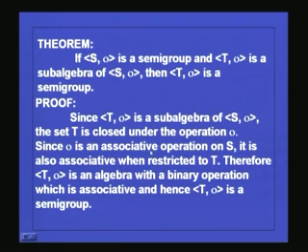Since dot is an associative operation on S, it is also associative when restricted to T. The associative property is not altered whether you consider S or a subset T. Therefore, T dot is an algebra with the binary operation dot, which is associative, and hence T dot is a semigroup. So, a subalgebra of a semigroup is also a semigroup.